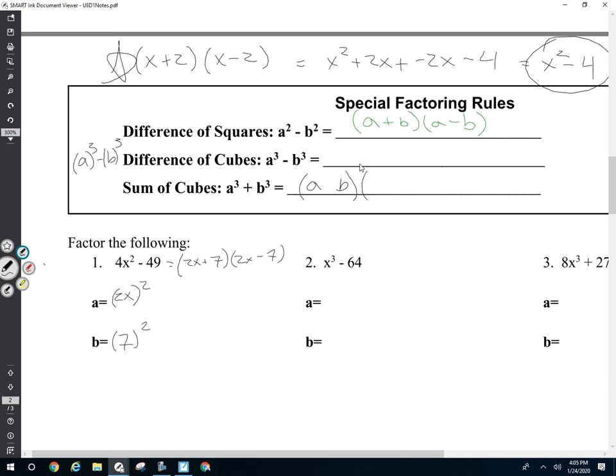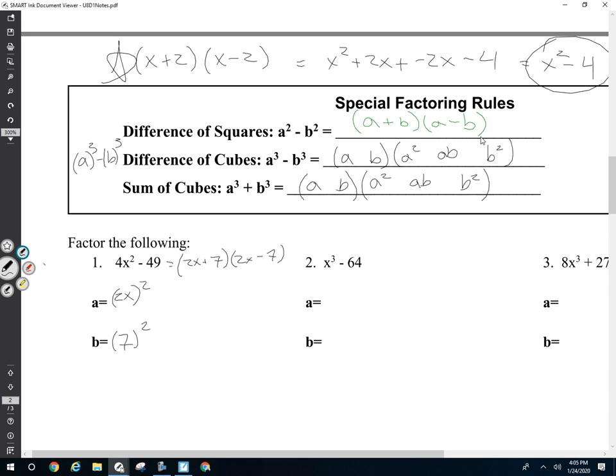If we distributed, you'd be able to see that. We're going to talk about that in a second. It's the same with this one: A, B, A squared, AB, B squared.